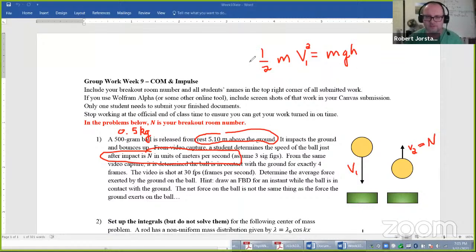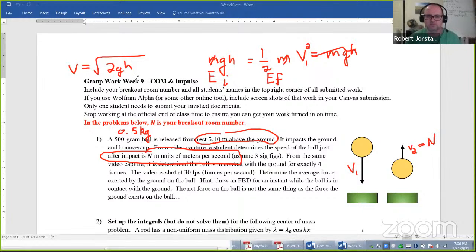Mgh, this is the initial energy, is all potential. It's released from rest. And this other one is the final energy right before it hits. We're ignoring drag. So I see that V equals the square root of 2gh.